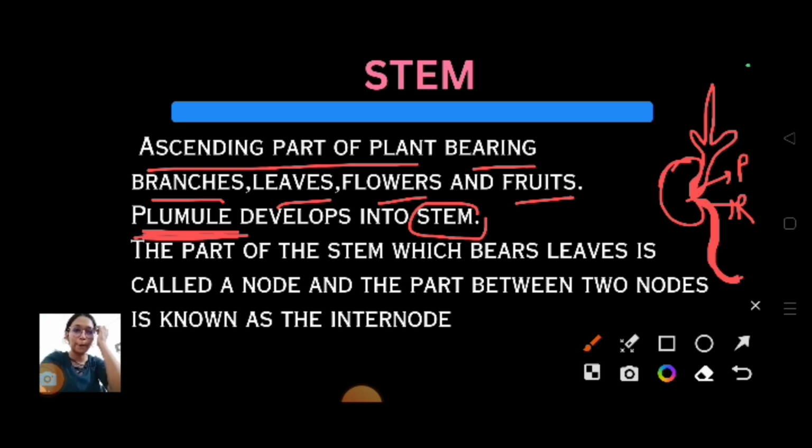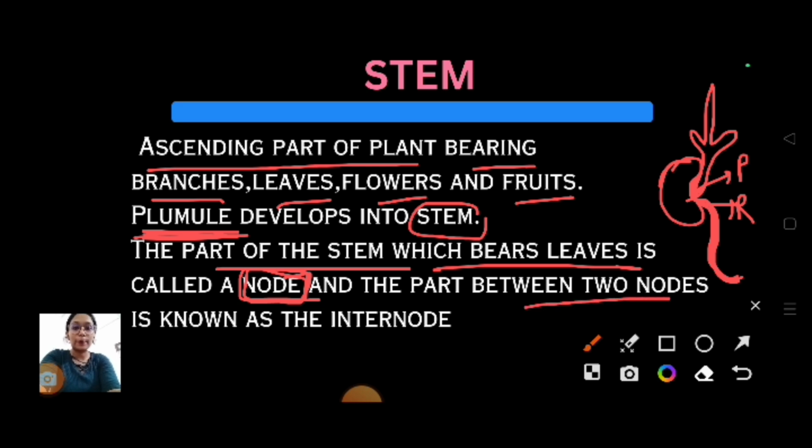Clear my point? Then it says the part of the stem which bears leaves is called the node. In the stem the leaves will be present, and where these leaves are attached is the structure called the node. And the part between two nodes is called the internode.